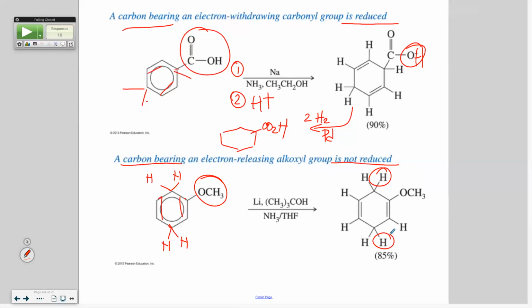Same thing up here. In this one, we added this hydrogen and this hydrogen. And notice they're always across the ring from each other. It's real systematic. You ought to be able to get it.